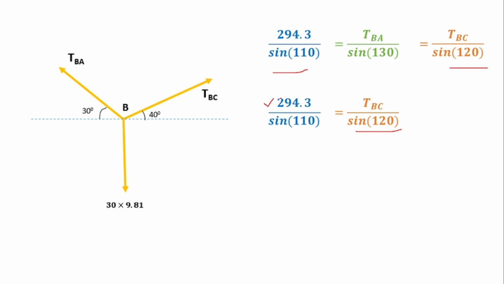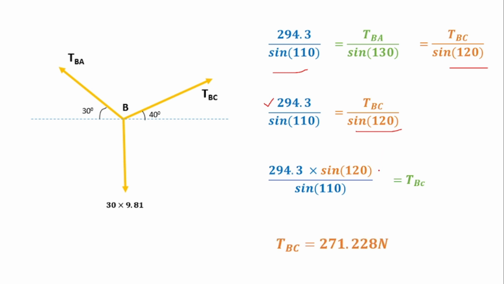It gets multiplied here to find the value of TBC. That is 294.3 into sine of 120 divided by sine of 110. So it is equal to TBC. The value of TBC can be calculated and it is equal to 271.228 Newton.